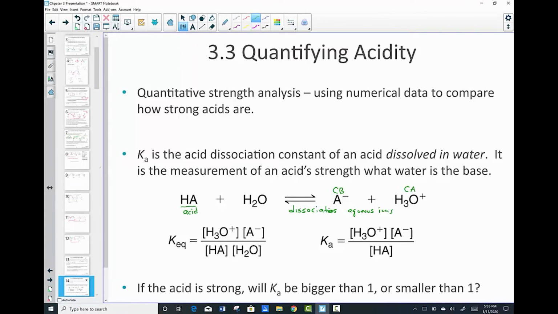So that means if I compare how much we have in terms of molar units of the aqueous ions set over the molar units of the reactants, we get an equilibrium expression. And I know you did these before in Gen Chem 2 especially. You started your journey with equilibrium talking about Kc, the concentration, Kp, the pressure of gases.